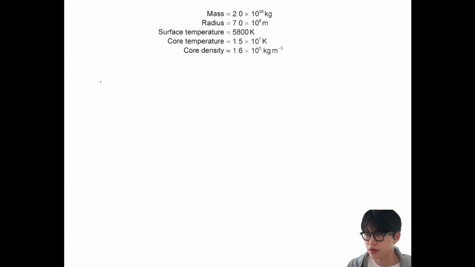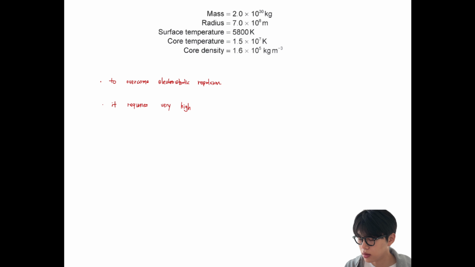To overcome the electrostatic repulsion, they require a very high, we can say surface over core temperature, more likely the core temperature, right? And high pressure as well.